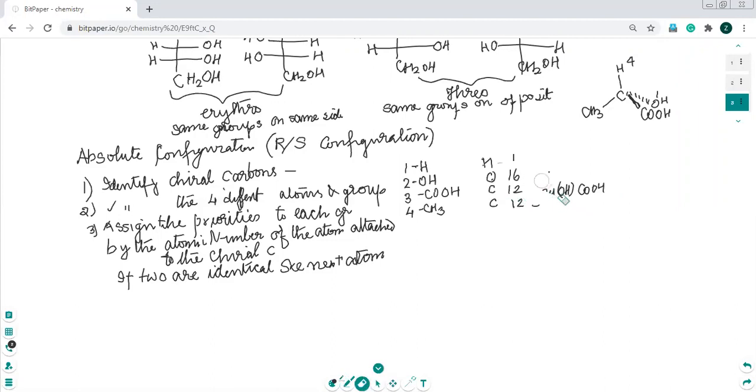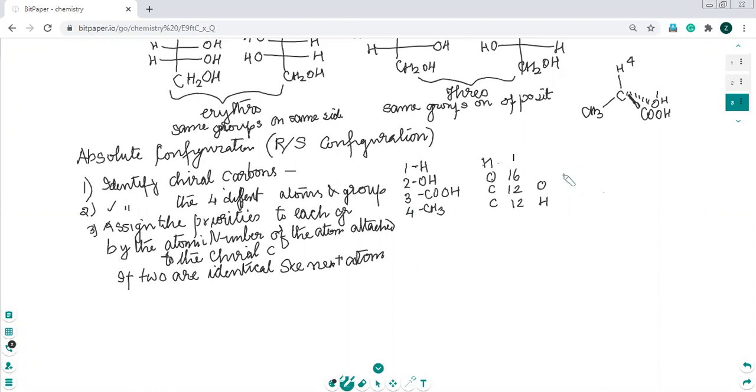So now you have to go for the next atom. Now, this carbon is having oxygen as the next atom. This carbon is having hydrogen as the next atom.